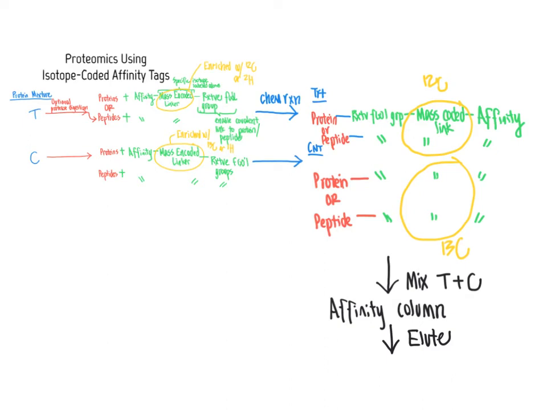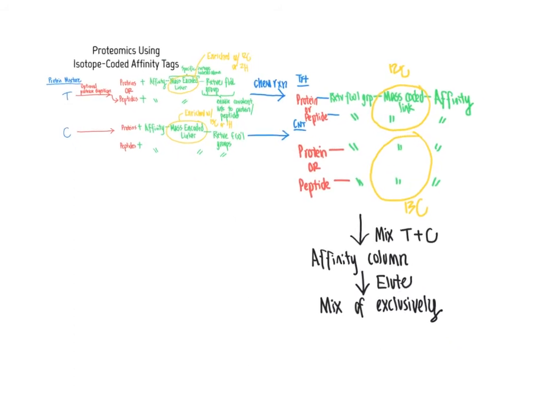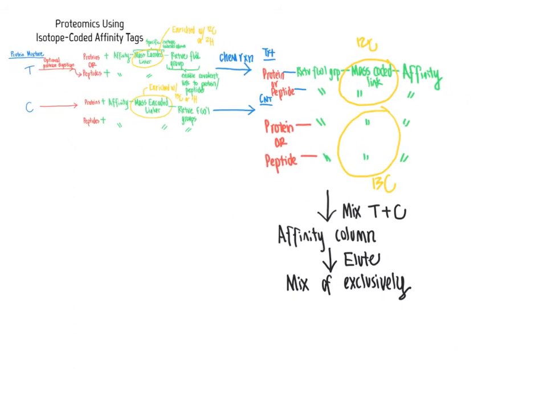And so as a consequence of that, you'll end up with a mixture of nearly exclusively, I say nearly exclusively, not exclusively, because no process is 100% efficient and accurate. So a mixture of nearly exclusively the affinity labeled proteins or peptides.